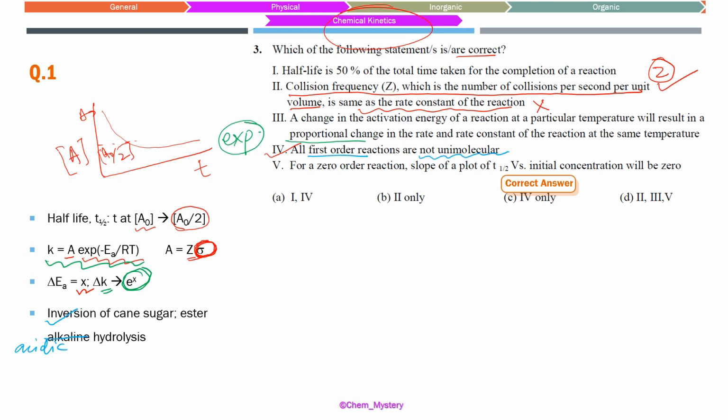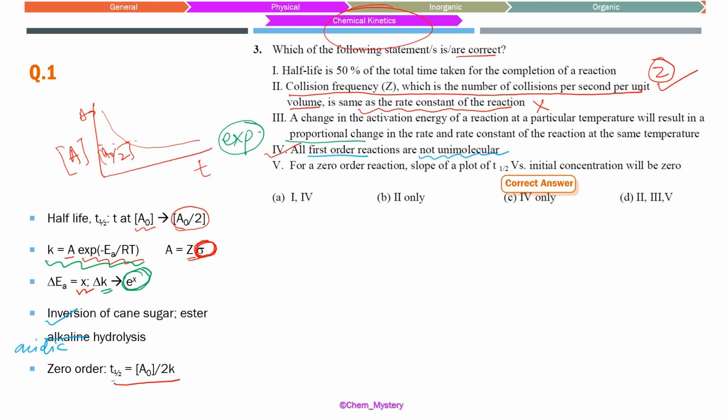Next option was: for a zero order reaction, the slope of the plot of T half versus initial concentration will be 0. For this, we need to go back to our zero order expression. For a zero order reaction, T half is equal to A naught by 2K.